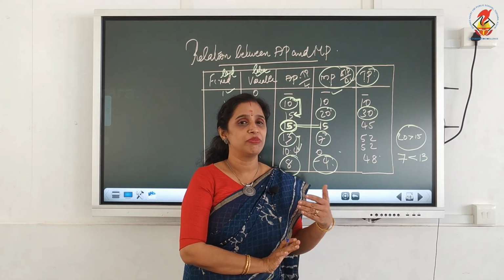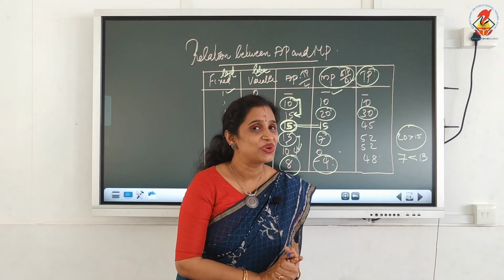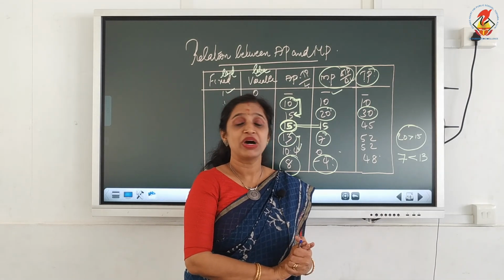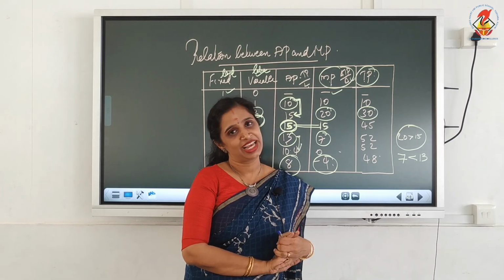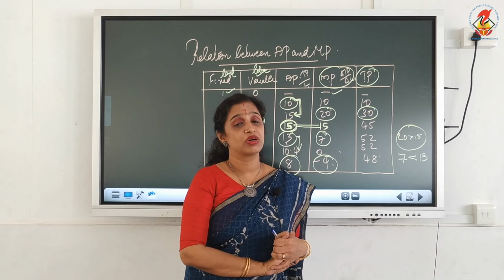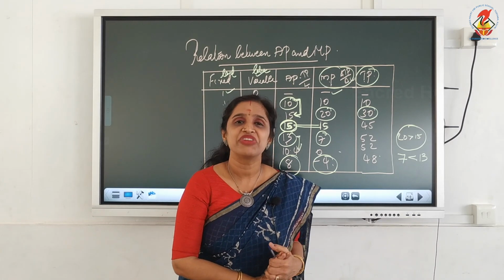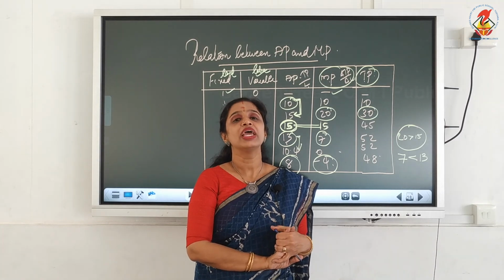So he may stop. Therefore, average productivity cannot go to a negative value. Marginal productivity can become negative, AP never becomes negative, and the fall of MP will be greater than AP, because MP is addition and average productivity is per unit. Okay, so this is the relationship between AP and MP.